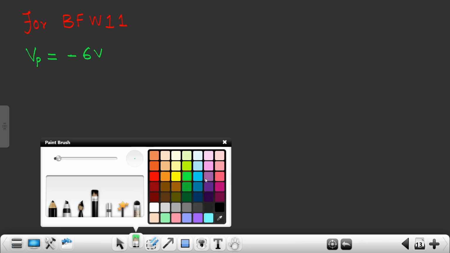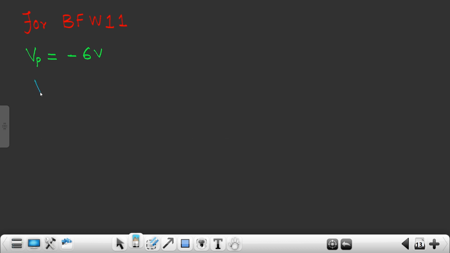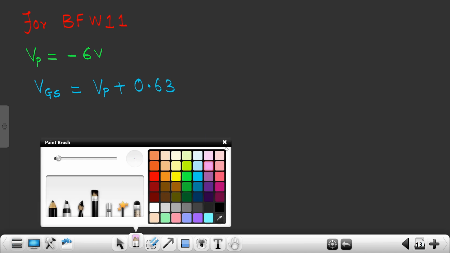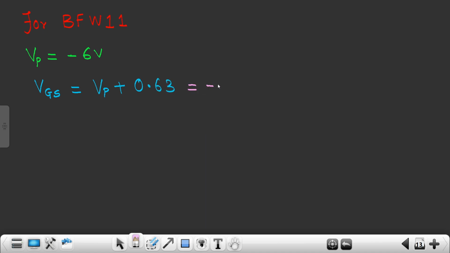So to make sure that the current flowing through the JFET is independent of temperature, we need to set this VGS in such a way that it is equivalent to VP plus 0.63. If you could see very clearly, this equation would be minus of 6 volts plus 0.63 volts. Let me just calculate this value very quickly. Minus of 6 plus 0.63 pans out to be minus of 5.37.